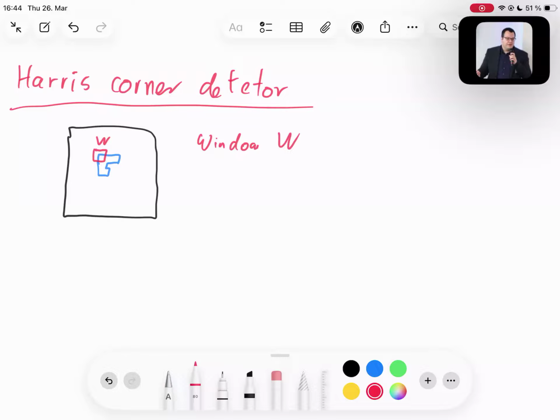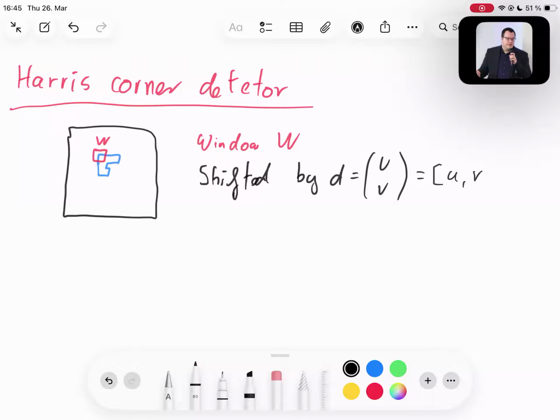That small window is a few pixels big, so not just one pixel, but a few times few pixels. And that window can be shifted by D. And D is a vector, UV, as a column vector, or a row vector that we transpose.